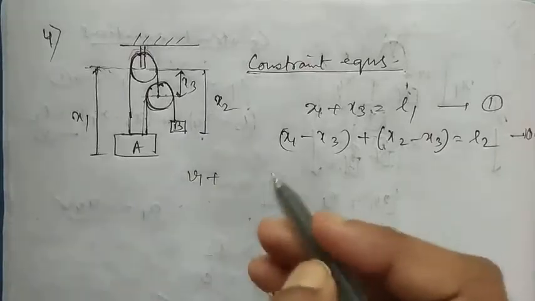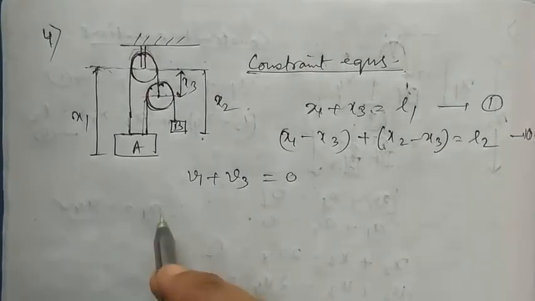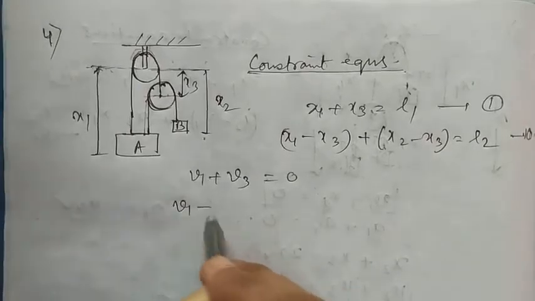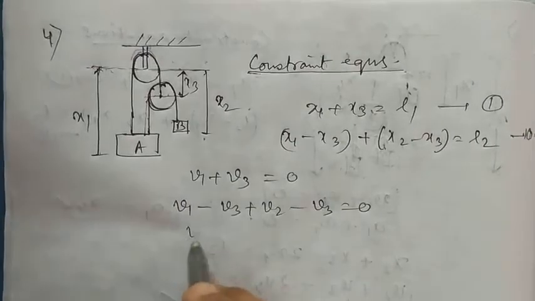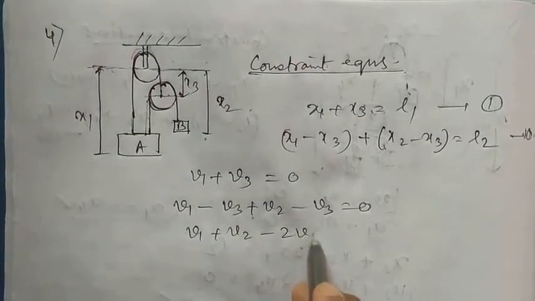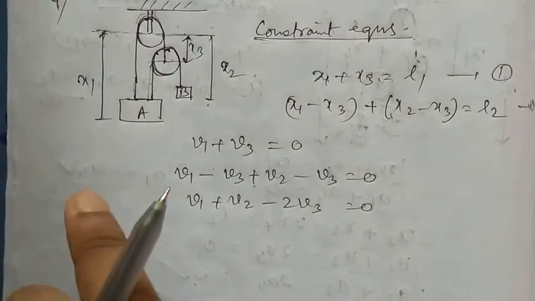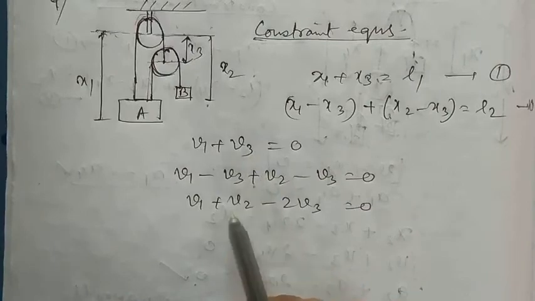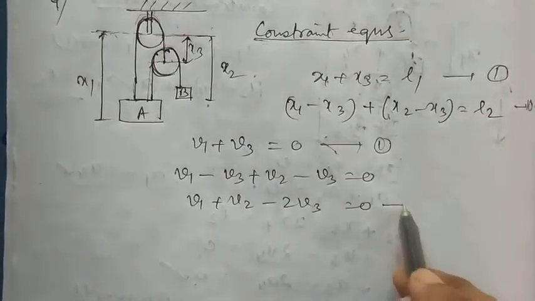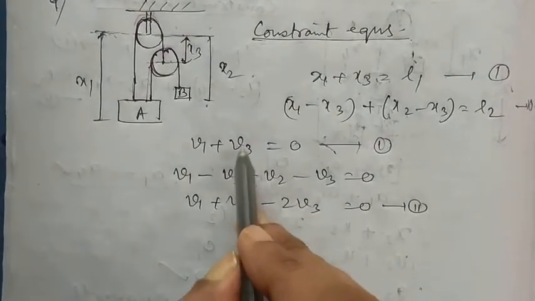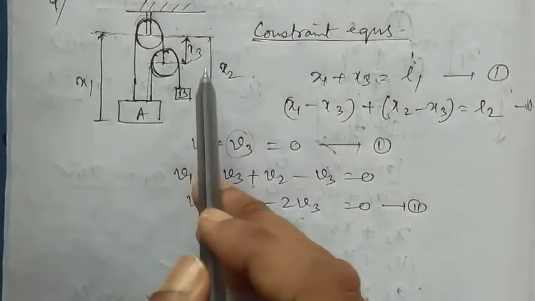Differentiating the first equation, we get v1 plus v3 is equal to 0, and the second equation, v1 minus v3 plus v2 minus v3 is equal to 0. So v1 plus v2 minus 2v3 is equal to 0. Now as in the previous case, the quantity to be eliminated from these two velocity equations is v3, the fixed to movable pulley velocity.